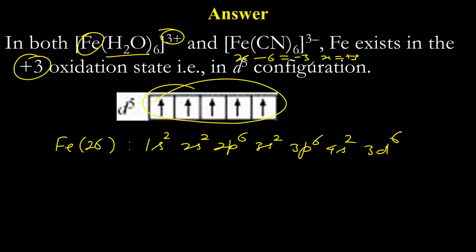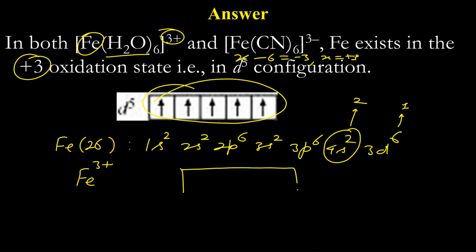Here Fe3+ will have the 4s2 go away, and 1 electron from 3d. So 2 electrons from here, 1 electron from there. So Fe3+ will have d5 configuration. But in case of H2O and CN-, which one is a strong field ligand? CN-.